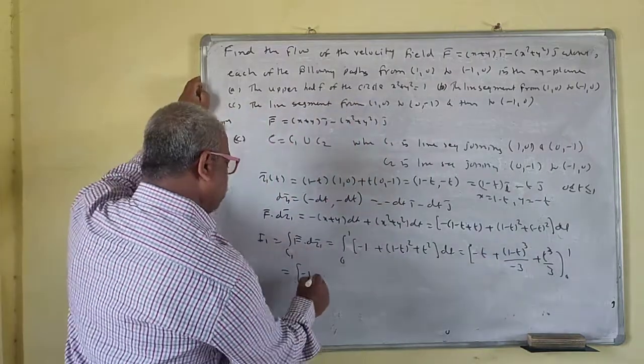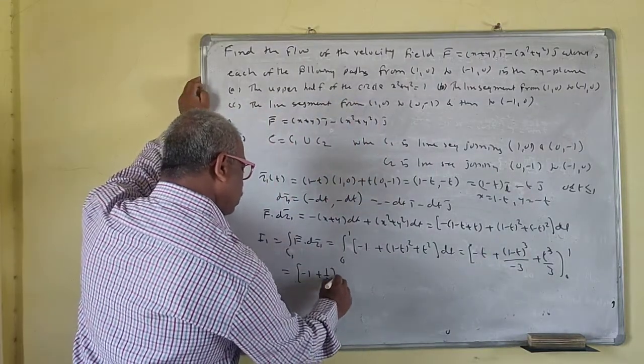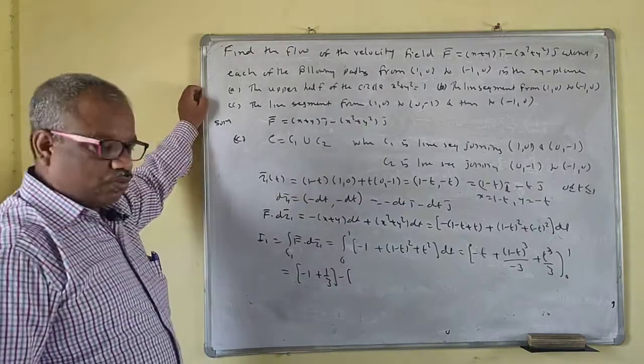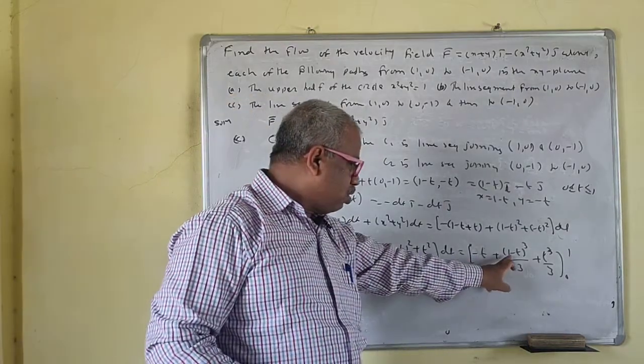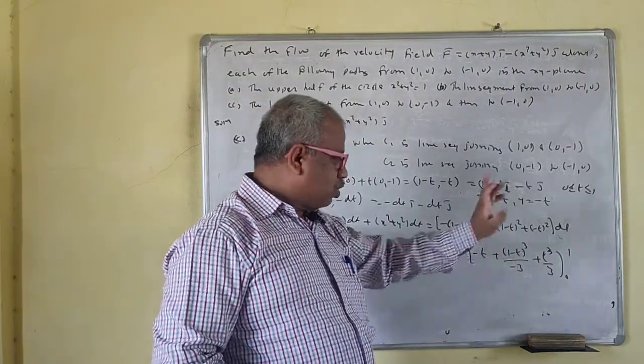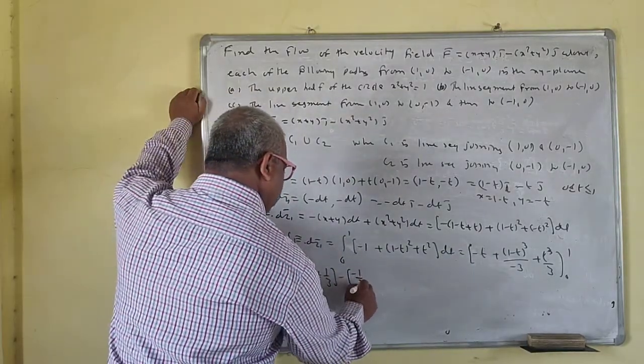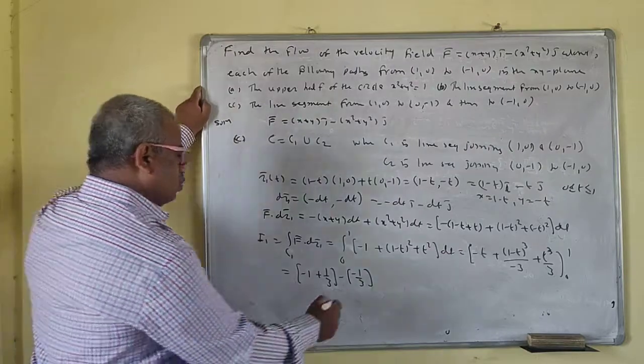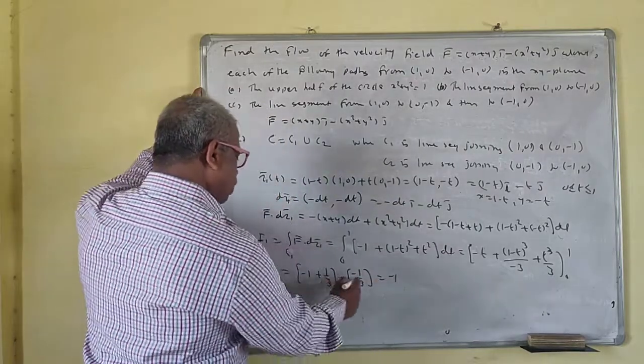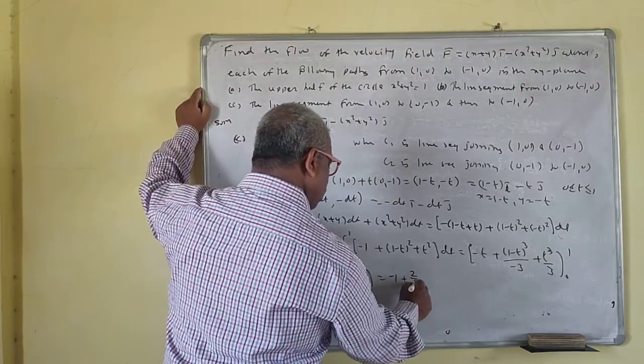Okay, so plus 1 by 3, minus, you have to put t equal to 0. If you put t equal to 0, this is 0, but this is 1. So 1 cube is 1, so this is minus 1 by 3. Now this is minus 1, this minus becomes plus now, so this is 2 by 3.